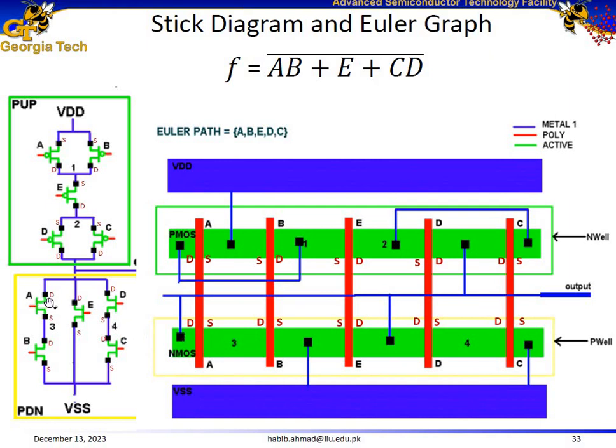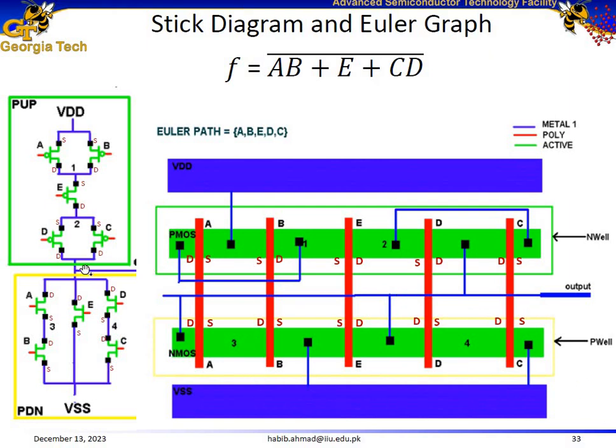And similarly, the drain of A is connected to the output. So make a connection from the drain of A to the output as well. This completes our formation of the stick diagram process for the pull down network.